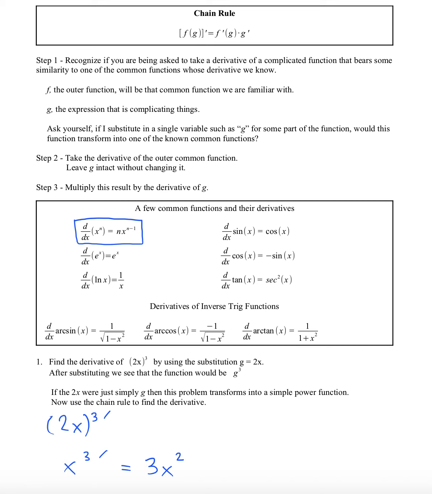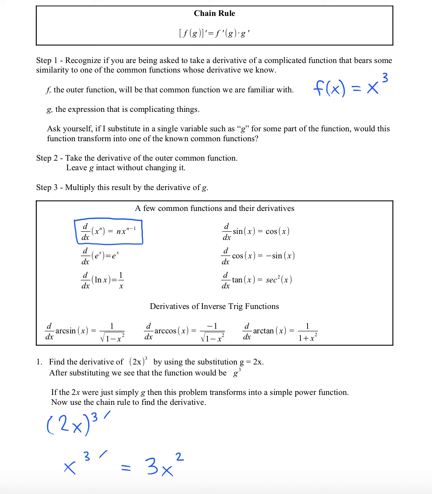Now ours is similar to that, and we're actually going to use that x to the third in our chain rule analysis. So we want to let f stand for the function that our function is similar to, x to the third in this case. It is called the outer function because we actually have a composition of functions. It's one function inside another, and the outer function is something to a power of 3.